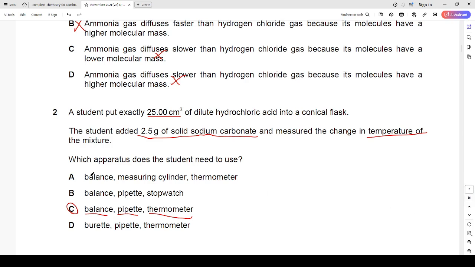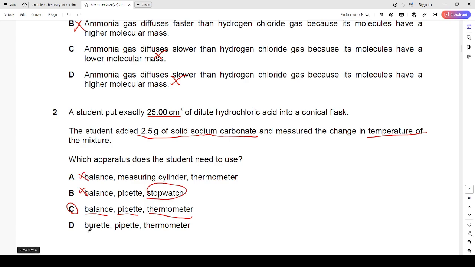Let's look at option A, balance, measuring cylinder and thermometer. We don't use the measuring cylinder to measure the volume of the hydrochloric acid into a conical flask. And option B, balance, pipette, stopwatch. We are not measuring time, so we don't use this. We don't use a stopwatch for measuring temperature.